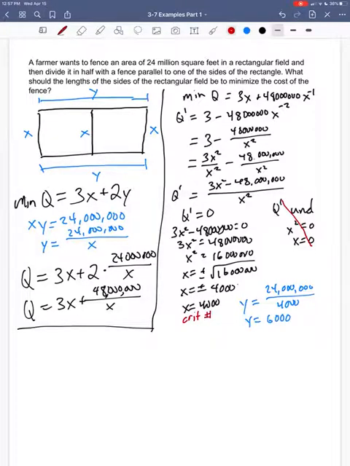So I want to look a little bit to either side of that critical number, a little bit less than 4,000, a little bit more than 4,000, and see what I get if I plug that into Q prime. So if I look at Q prime, say, of 3,500, well, if I plug that in up here, I know if I plug in 4,000, 4,000 squared, that's the 16 million. 3 times 16 million is the 48 million. That's how I get 0 in the top.